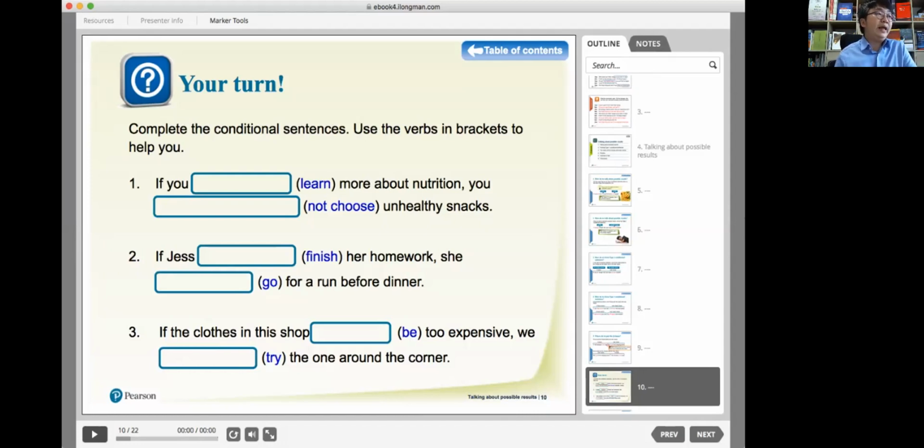We have to complete the conditional sentences here and use the verbs in brackets to help us. All right, let's look at the first one. Remember, for the if clause, we use simple present tense. And for the main clause, what do we use? We use future tense, if this is a type 1 conditional sentence.